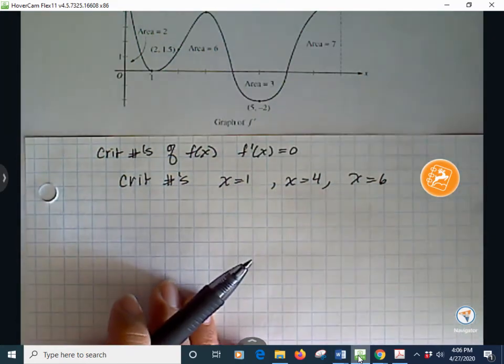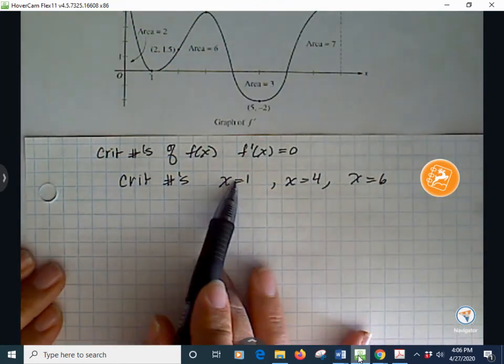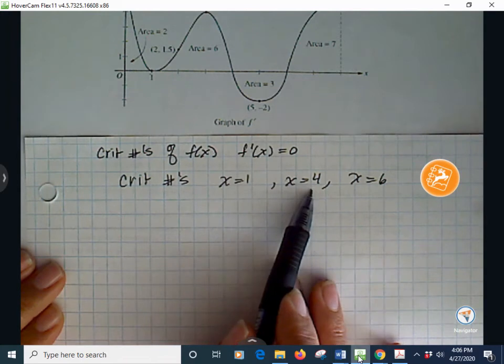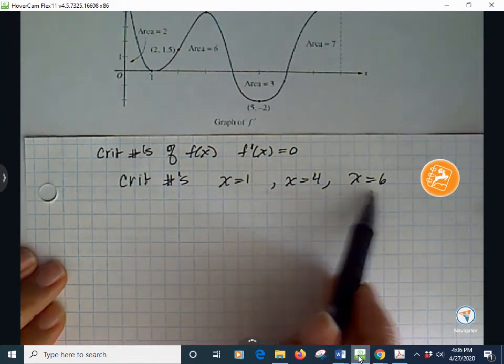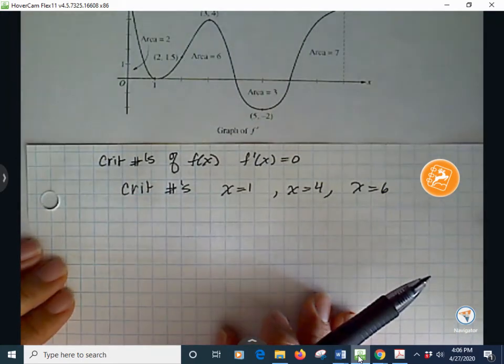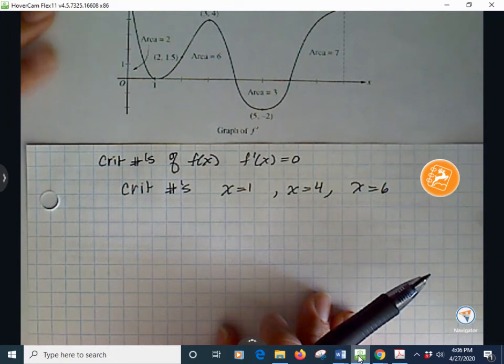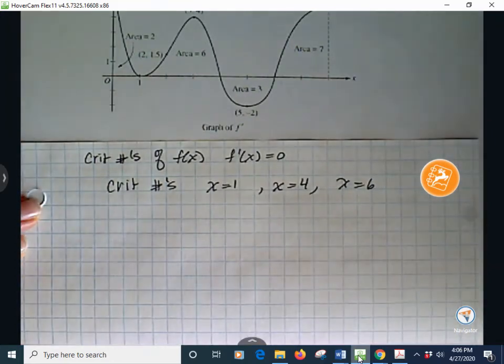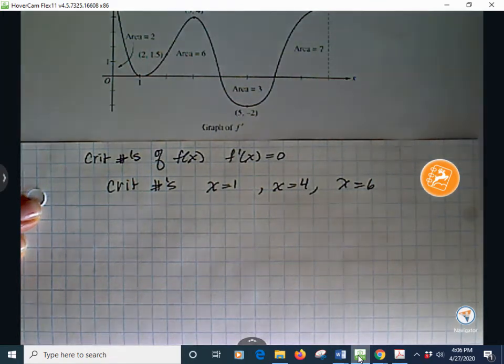Now, I know the solutions don't show x equal to 1 or x equal to 4. They go straight to x equal to 6. I'm going to explain why they do that. If you understand that explanation, then you can apply that in your work when you do a problem similar to this on the AP test, and it will speed up your work.